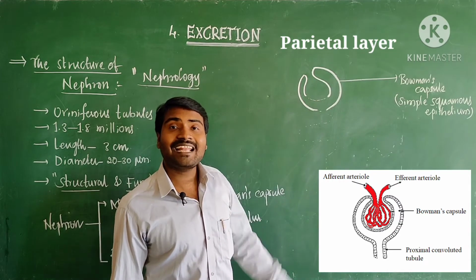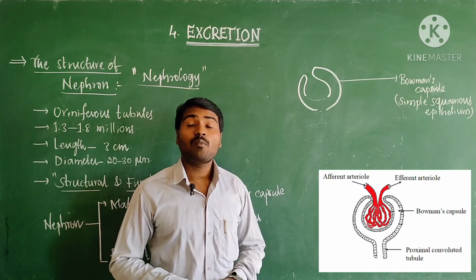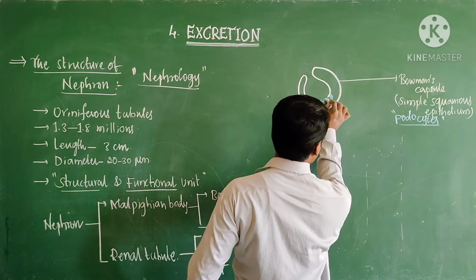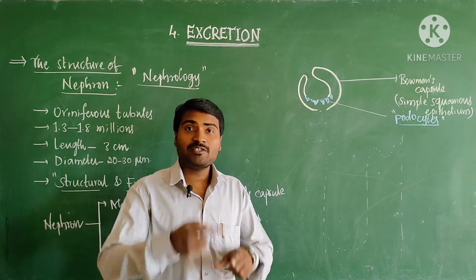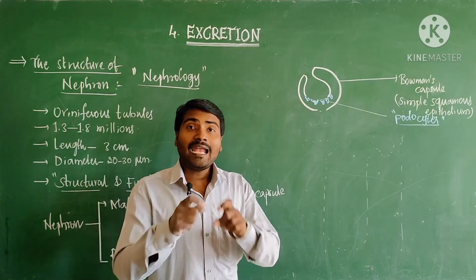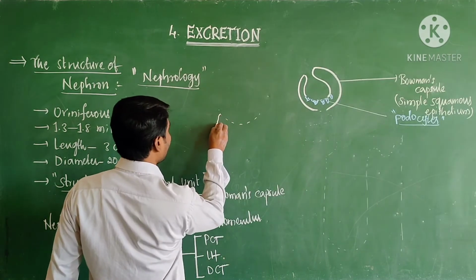This visceral layer contains a special type of cells called podocytes. These podocyte cells make the inner layer.